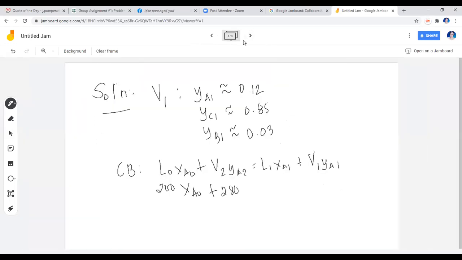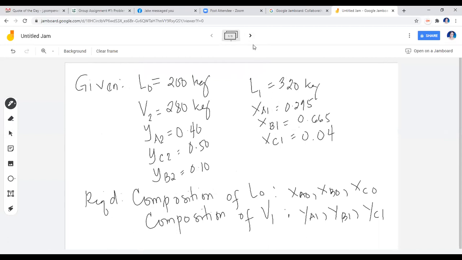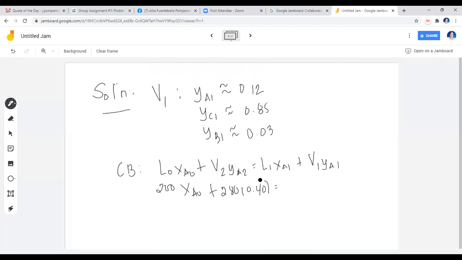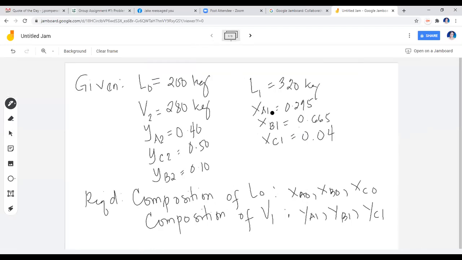So you substitute it here, 0.4. Then your L1, which is 320. Your XA1, which is 0.295.